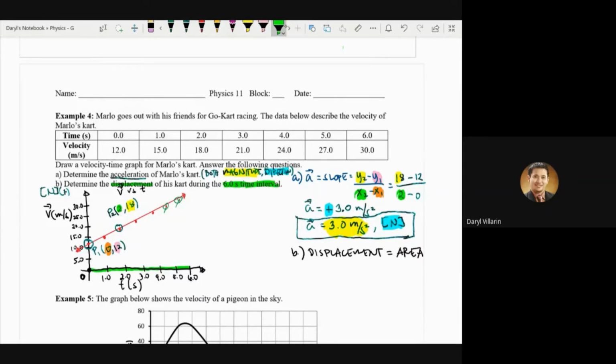So when we create the area of the graph, it's from 0 to 6 seconds. Therefore, our last point would be at 6 seconds. And then we will get all of the area that is being shaded here.